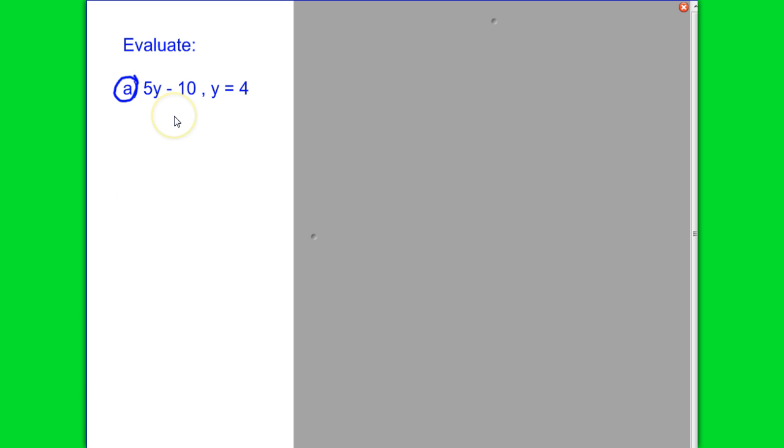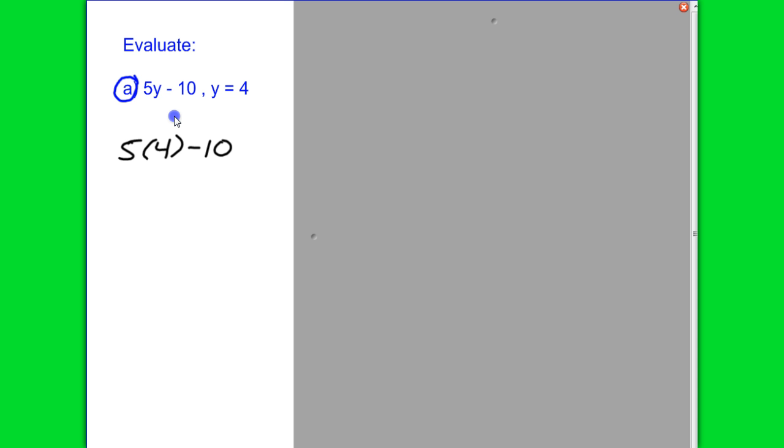And then they're telling you y is going to equal 4. So what are we going to do with this information here? So you bring it down and then you do 5 times, what do I do with that? How about parentheses? Parentheses times 4 minus 10. And there it is, yay.